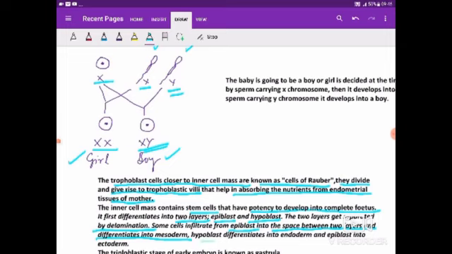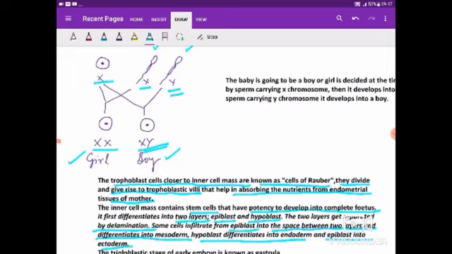So the hypoblast differentiates as the endoderm, and the epiblast changes into ectoderm. So now a three germinal layer stage, the triploblastic stage, is reached, and that is called the gastrula.